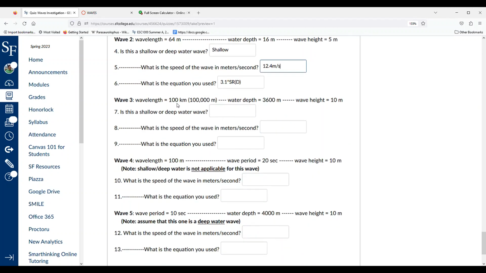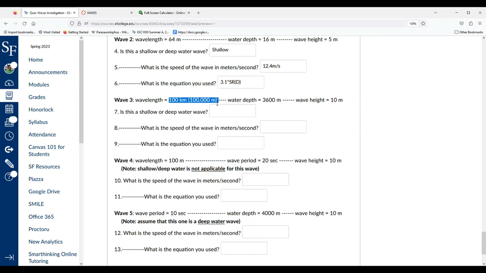Okay, let's look at our third wave. The third wave has a wavelength of 100 kilometers. That's a huge wavelength. 100 kilometers is about 62 miles long. What kind of a wave has a wavelength 62 miles long? The answer is a tsunami.